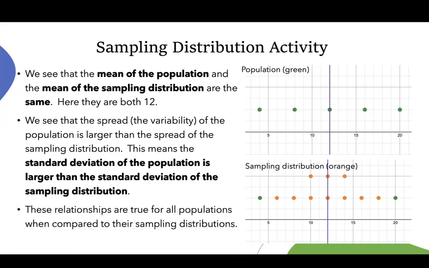Let's take a minute and recognize that this relationship between means and standard deviations in populations and sampling distributions always holds true. The mean of the population will always be the same as the mean of a sampling distribution, and the standard deviation of the population will always be greater than the standard deviation of the sampling distribution.